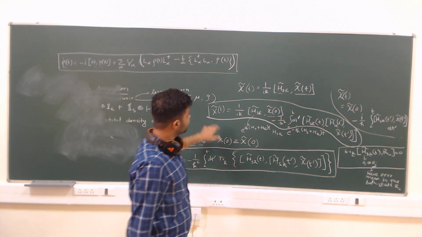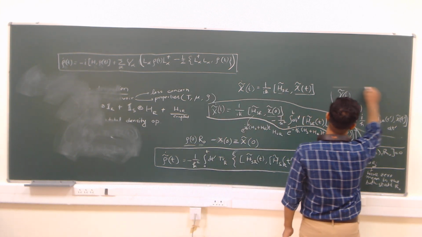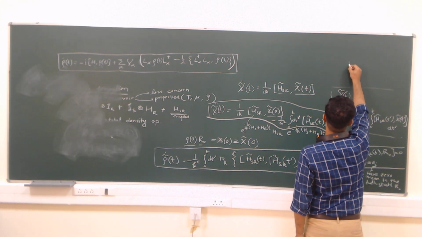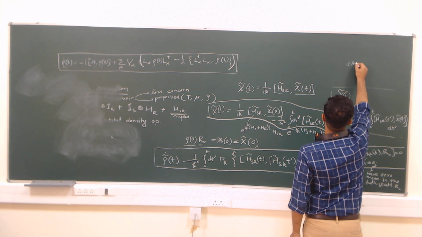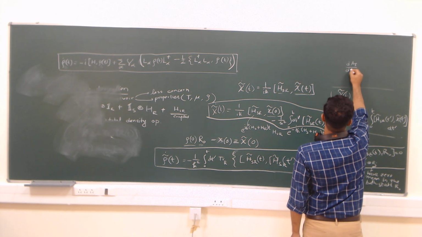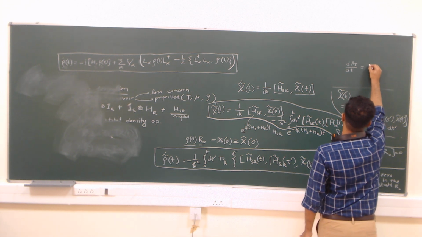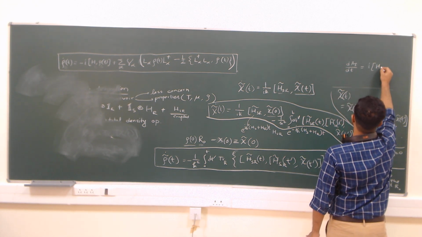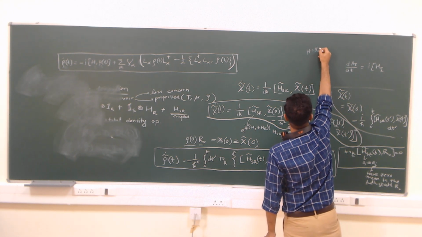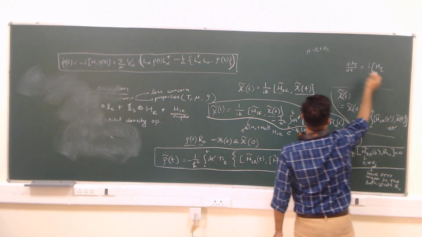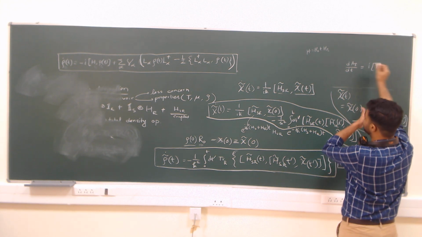In the equation of motion, if you derive the interaction picture, any interaction picture operator evolves like this. You write the equation of motion, it's like i d/dt, where total H was H0 plus HI. States evolve in terms of H0.